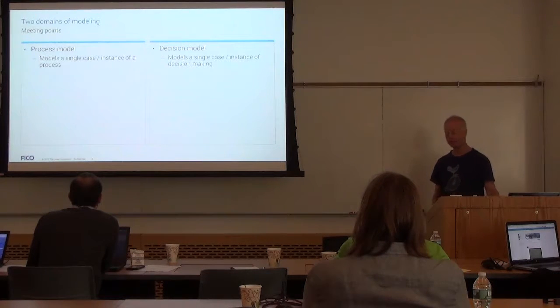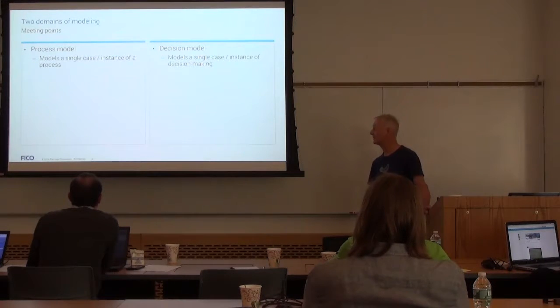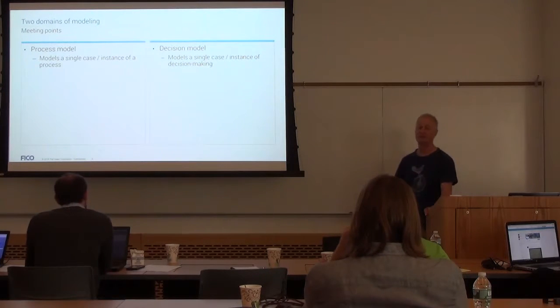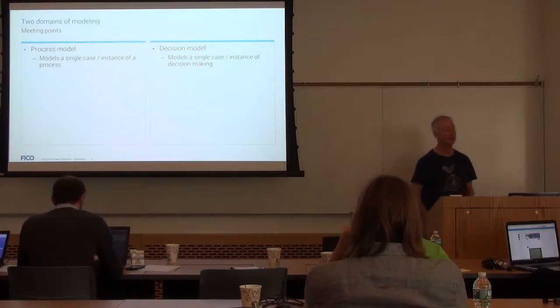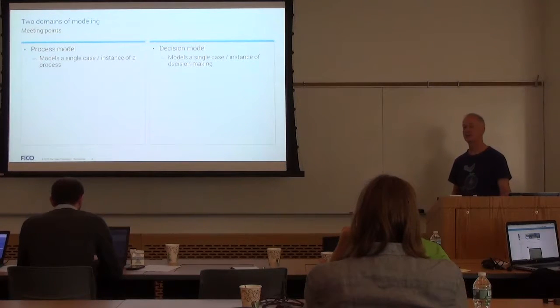A decision model also models a single case, an instance of decision making. And if we're using both of these models in a single project, we are modelling the same case. We're modelling an instance of decision making of a case which is passing through a process. And it's the same case.